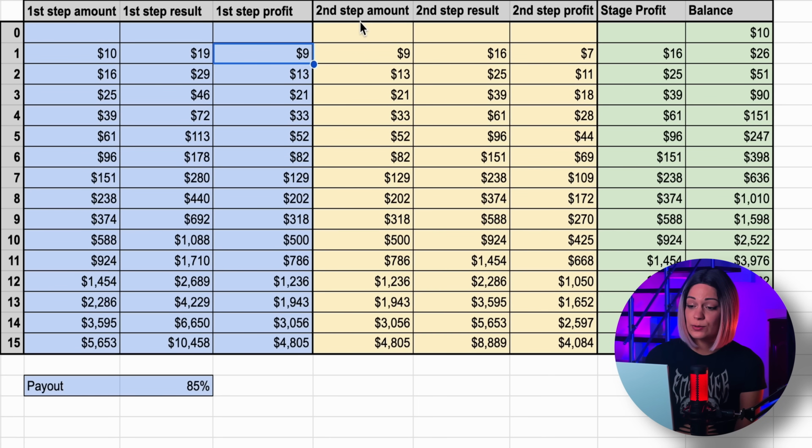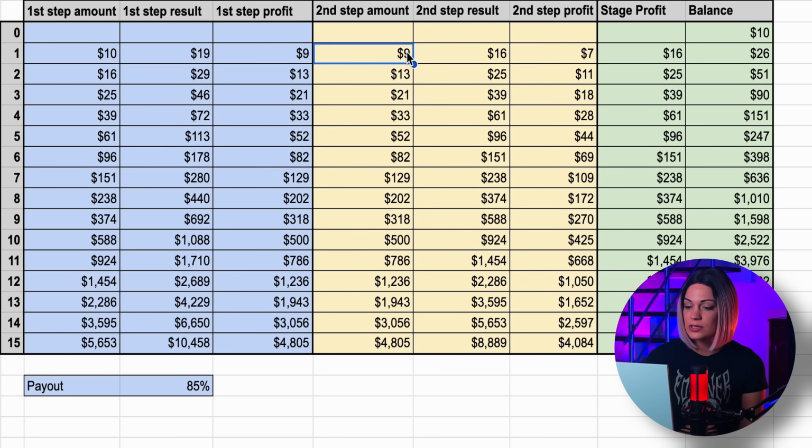And then we go to second step of first stage. Here we are doing the second deal from the profit that we got from the first step. So our profit was $9, so we are using these $9 for the second deal. And if we're winning, we're going to get $16, from which $7 is going to be the profit.